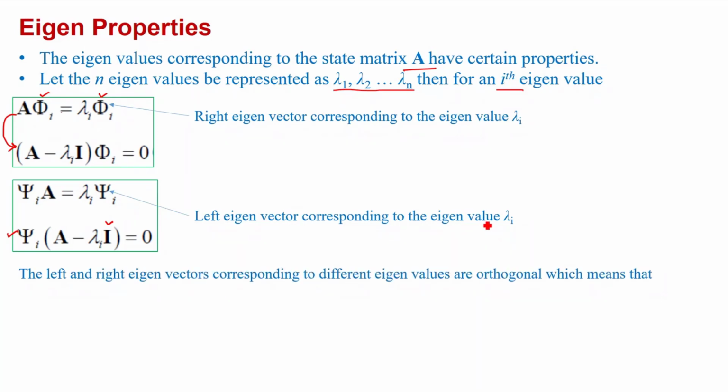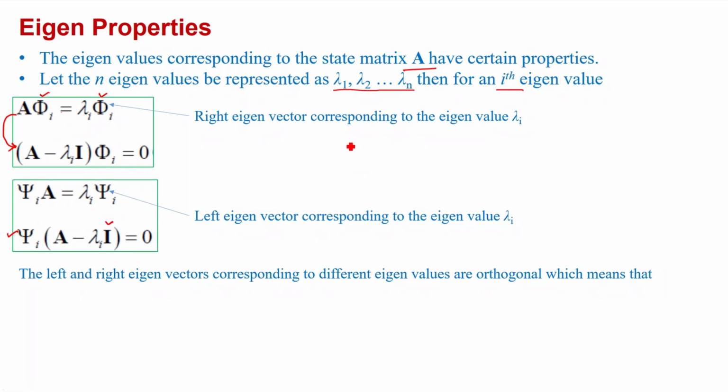So now we have two vectors corresponding to the ith eigenvalue, right? One is called the left eigenvector, the other one is the right eigenvector. Similarly, to each of the eigenvalues, we will have two vectors.